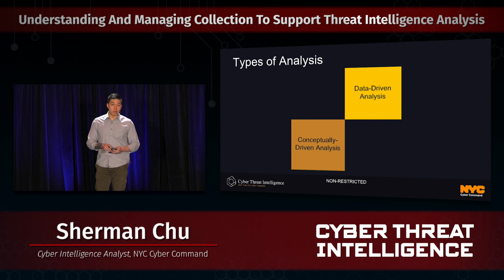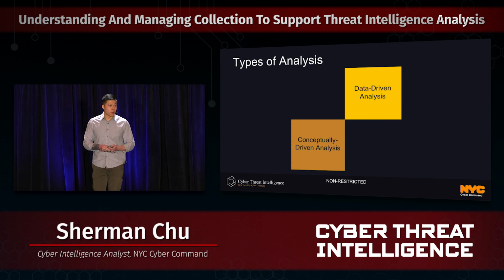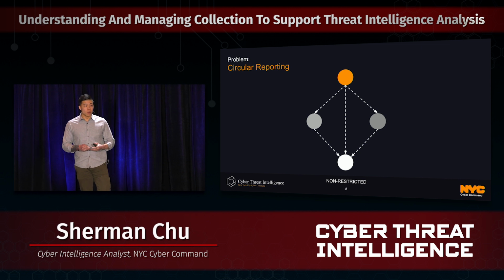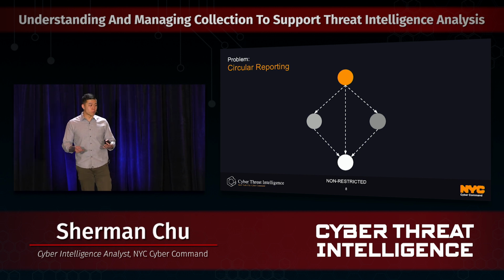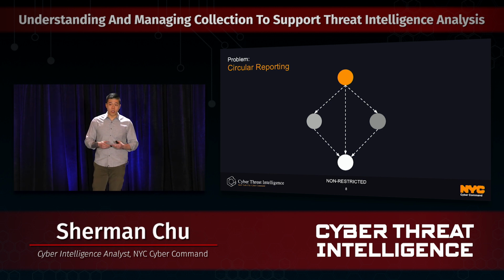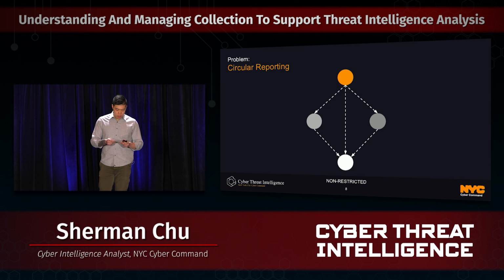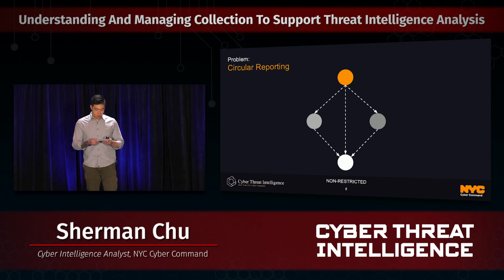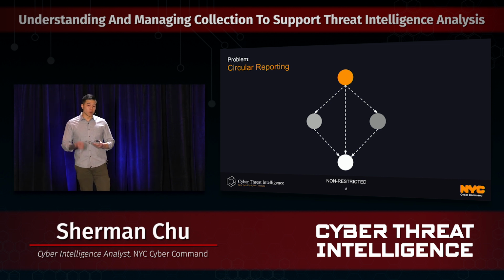So now let's talk about some of the issues that may arise from over-collecting or mismanaging your collection operations. Circular reporting. This has been touched upon Sunday night. It's a huge problem among CTI shops or any information collection shops. It is whenever a piece of information appears to come from multiple independent sources, but realistically, it's coming from one.